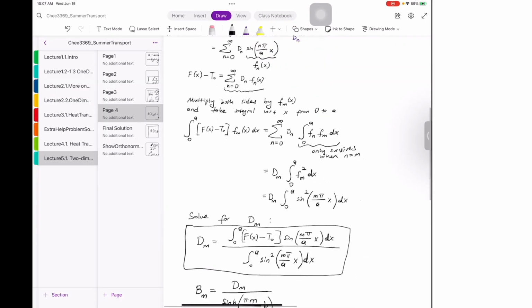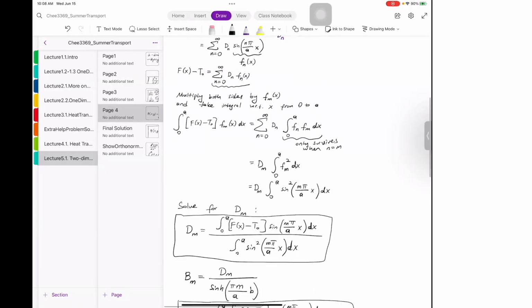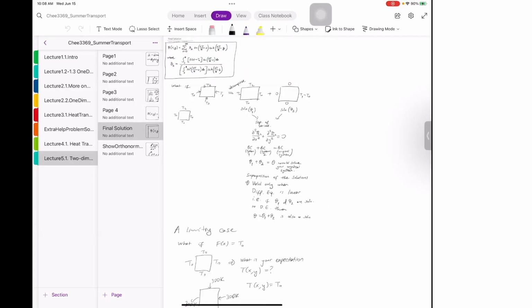So we actually are able to pick up that particular term by using this orthonormality relation. Okay, so that's the mathematical trick that we went over. I'm pretty sure you also saw this in analytical methods.